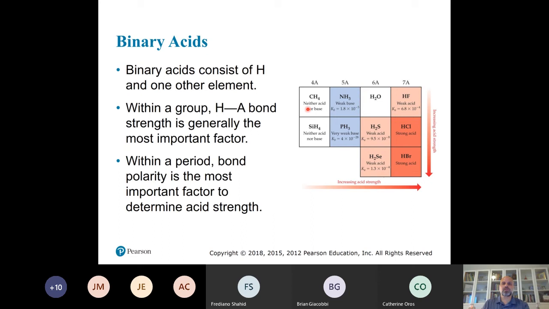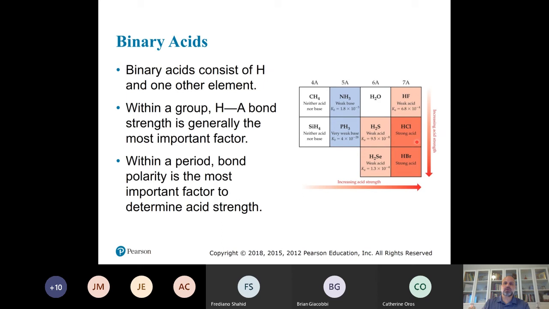So if we look at the examples above, if we're looking at group 7A, right? At group 7A, we have the acid strength, right? The HF bond, right? We're talking about the strength of that bond is the strongest with HF.